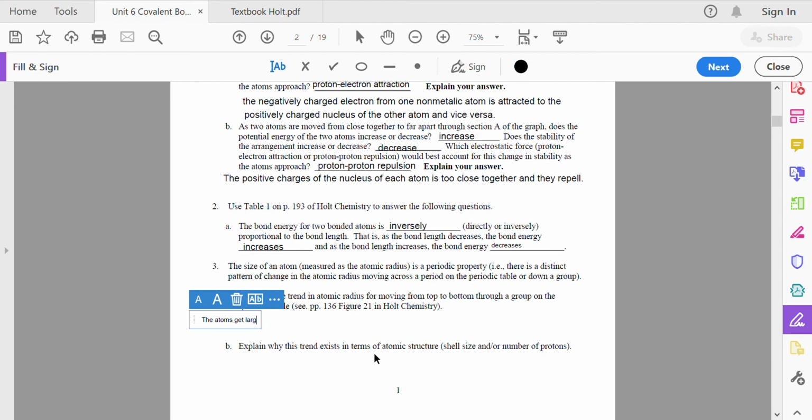They get larger because you add an entire energy level or period of electrons each time you go down a period or energy level.